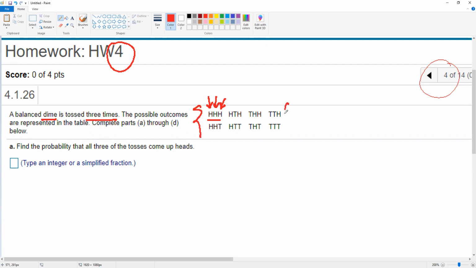So when we toss a coin 3 times, then we can consider 8 possible outcomes, and the set of the 8 possible outcomes, we just say is a capital S, and it has a name, the sample space.